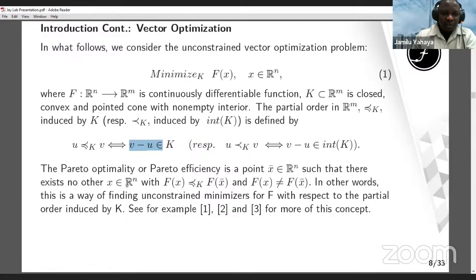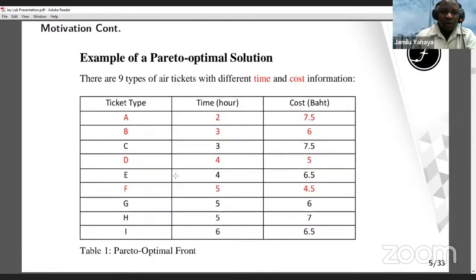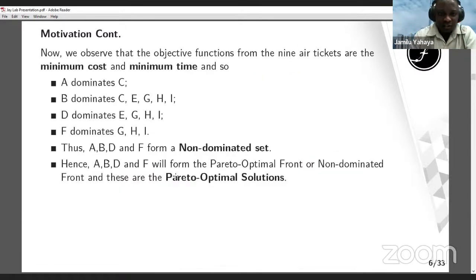So from this Pareto optimality definition, you will notice that there is no way you can say A is better than B here, or A is less than B, or B is less than E. So that is why we arrive at the solution of this particular problem, because whenever you compare the two, you will notice that one is less in one respect, the other one is less in another, so you cannot say exactly that this is less than or equal to this one.